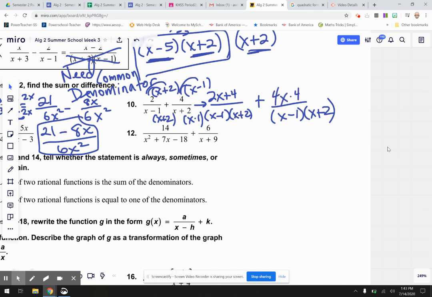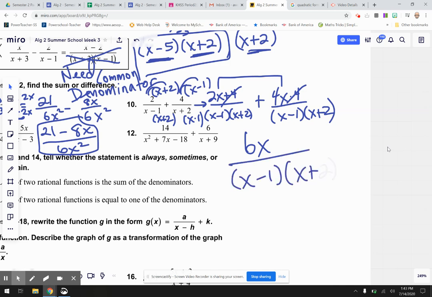And then you can just combine your like terms on top. So you're going to get 6x. And you're going to get the 4's to cancel because one's a plus 4, one's a minus 4. And your denominator was x minus 1 and x plus 2. So that is your answer to 10.